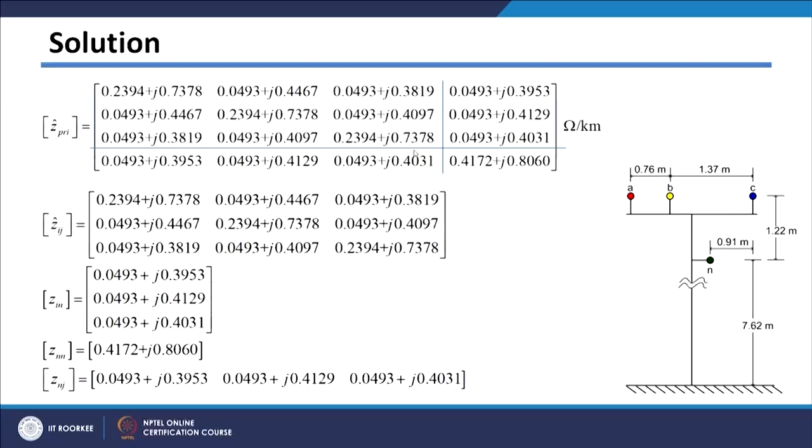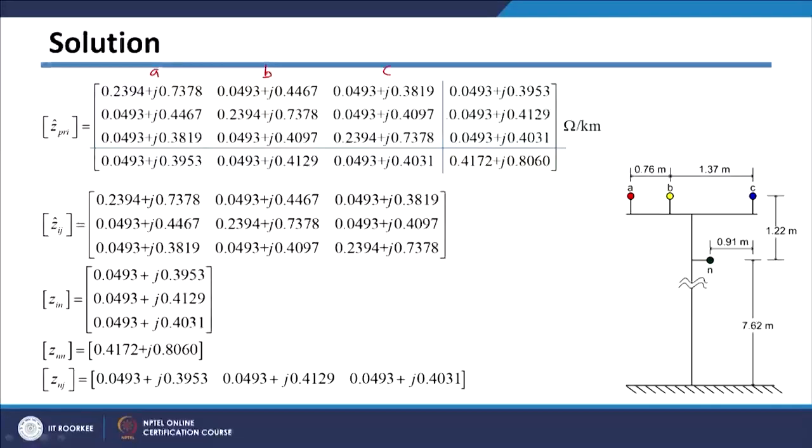After getting the primitive impedance matrix, we need to use the Kron reduction technique to get the phase impedance matrix. So, we need to divide this primitive impedance matrix into 4 parts, separating phase conductors and neutral conductors. In this case these columns are related to phase conductors and this one to the neutral conductor. Similarly, these rows correspond to phase conductors, and this is the neutral conductor.